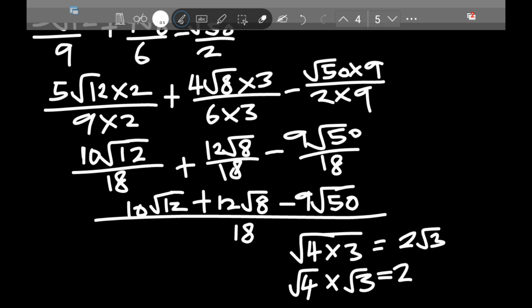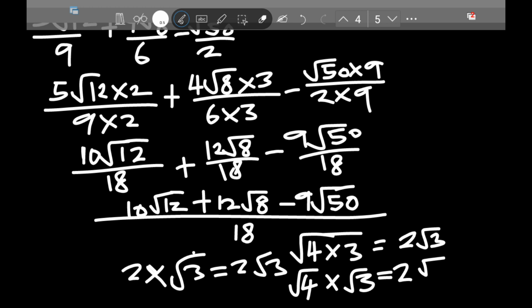That is 2. 2 times 2 is 4. And we know that 2 times root 3 simply gives you 2 root 3. So that is why I got 2 root 3 here. So you can see what we did here.